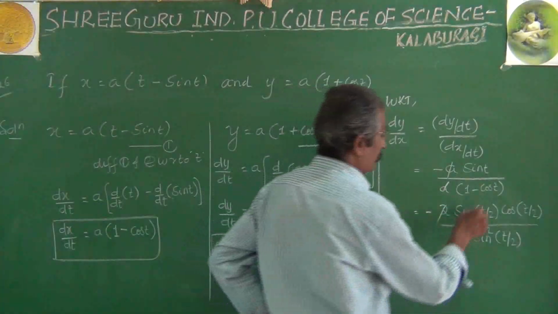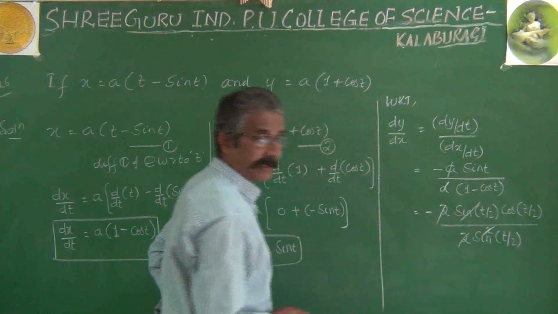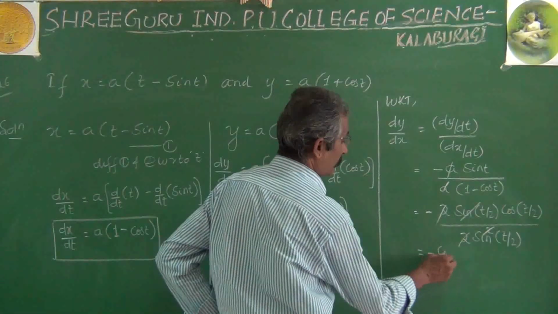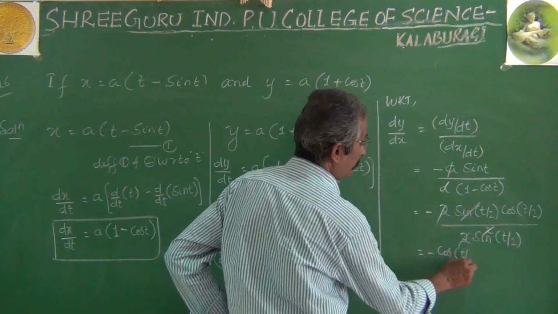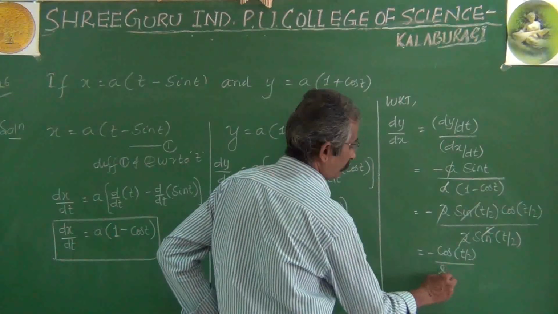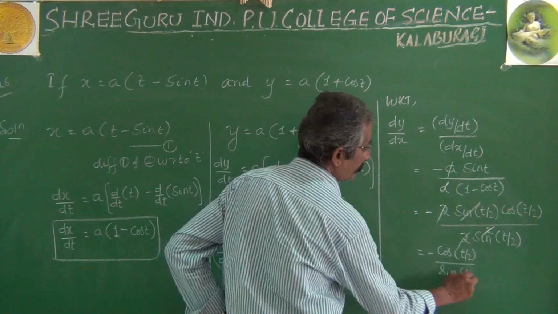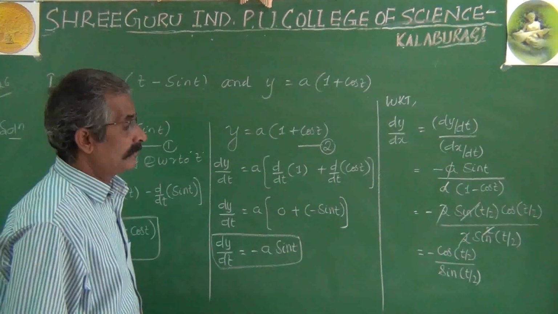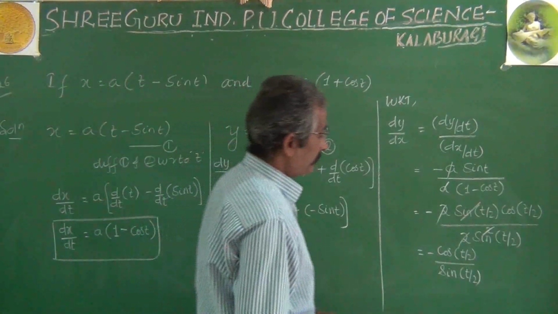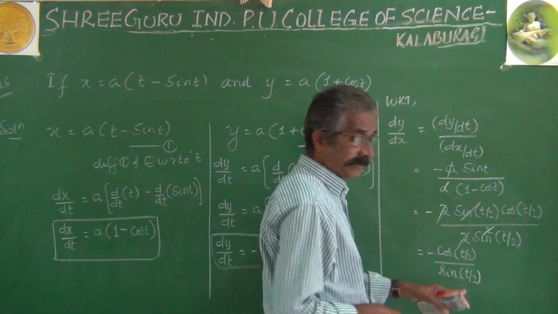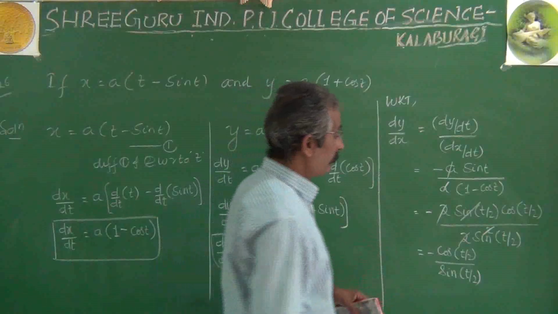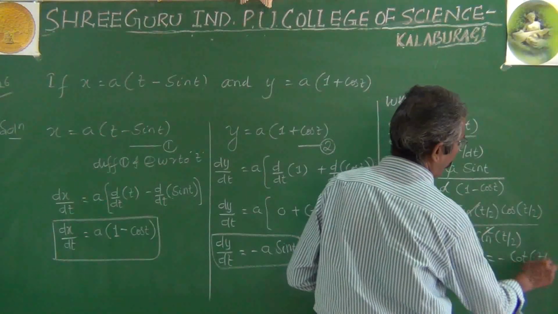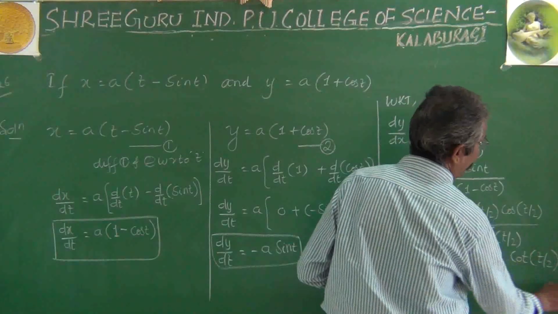At the same time, one factor of sin t by 2 also cancels out, leaving minus cos t by 2 divided by sin t by 2. And further, it is just like cos theta by sin theta, that is equal to cot theta. Now it is equal to minus cot t by 2. That's the final answer.